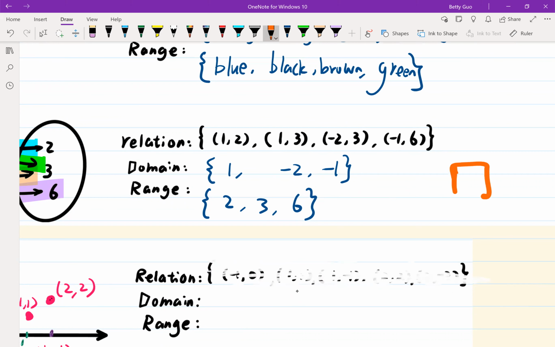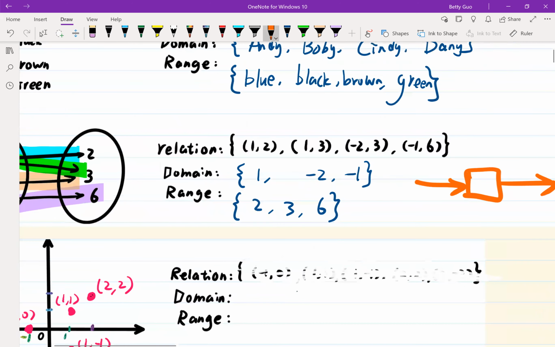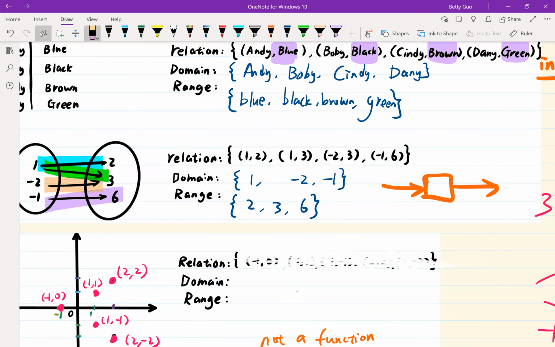What kind of machine is this? What's the input, what's the output? So if you give the machine 1, the machine produces what? 2, also what?